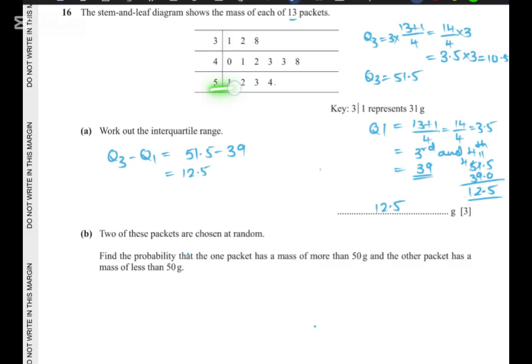It is 51, 52, 53, 54, 4 packets out of 13 packets, and the remaining are the packets with mass less than 50, that is 9. So now the probability of a packet with mass less than 50 will be 9 out of 13.